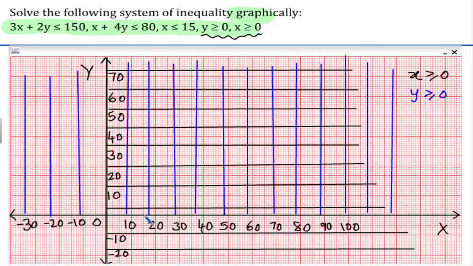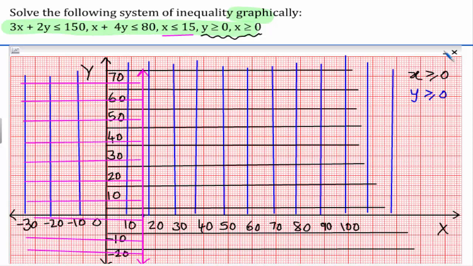That means here. As x is less than or equal to 15, all the points will be towards this side.